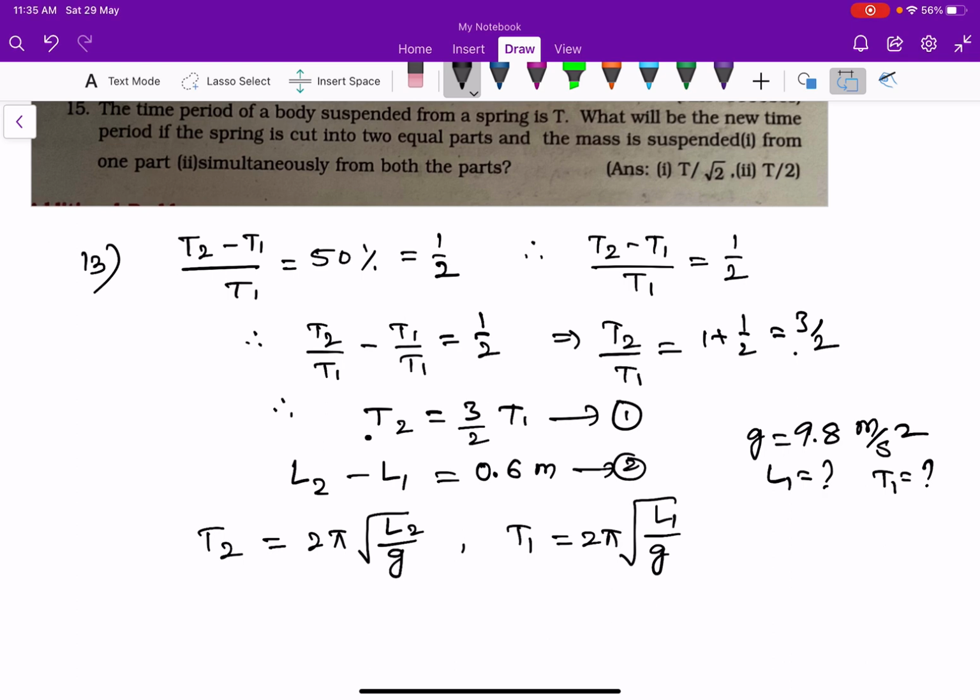Okay, so here T2 square is equal to 4 pi square into L2 divided by g, and similarly T1 square is equal to 4 pi square into L1 divided by g.